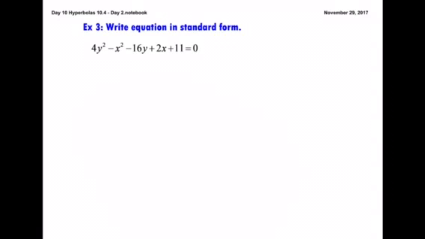Equation number 4, you notice that it is out of order. So we first need to group our y's together and then our x's together. Make sure that your positive squared term comes first. So your negative squared term you can place second. If you move your 11 to the opposite side, factor out your greatest common factor.